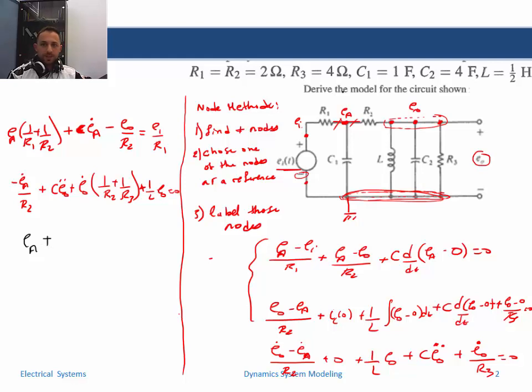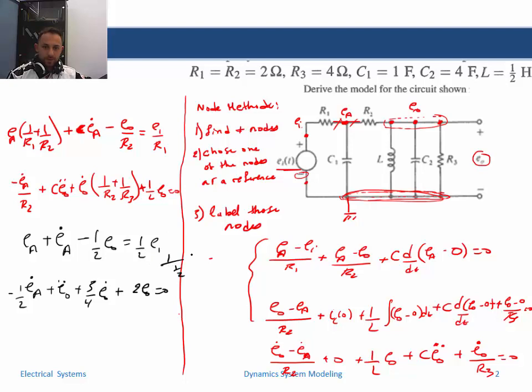C is 1. So 1 over L is 1 over half, which is equal to 2.